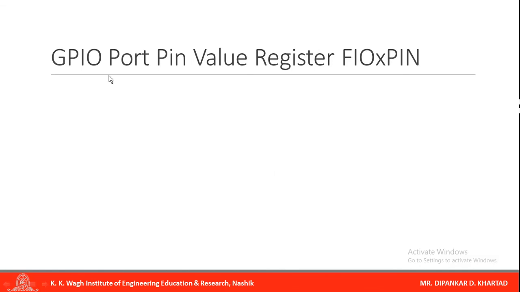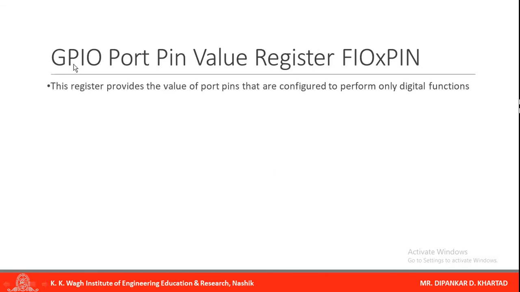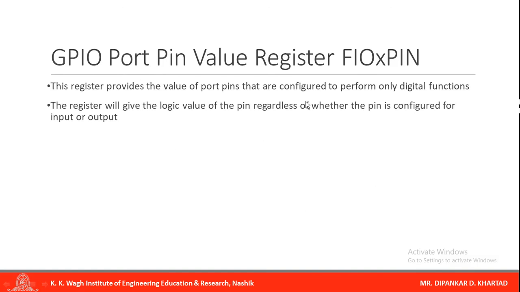Now we'll move to another register, that is the pin value register. This register provides the value of port pins that are configured to perform only digital functions. The register will give the logic value of the pin regardless of whether the pin is configured for input or output.